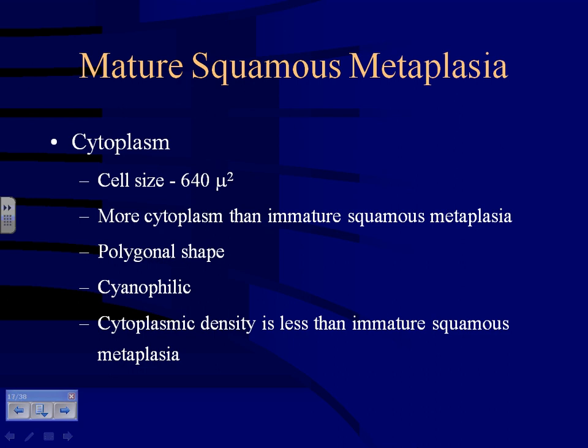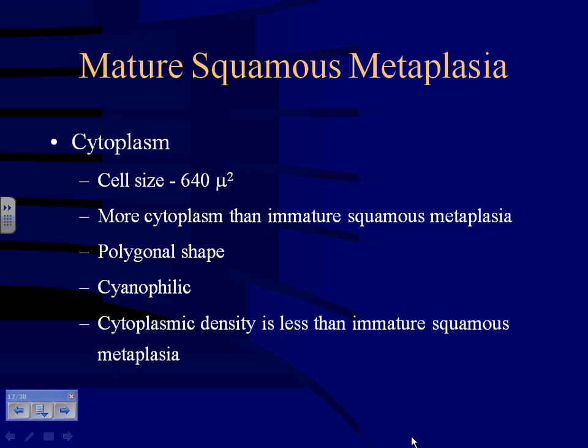All right, the mature squamous metaplasia cell. The cell size in this instance is actually a little bit bigger, at 640 square microns. There's more cytoplasm than the immature. Instead of nice and round, they tend to get more polygonal in shape. The cytoplasm is generally cyanophilic, and it's interesting how they note here that the density is somewhat less than immature squamous metaplasia.